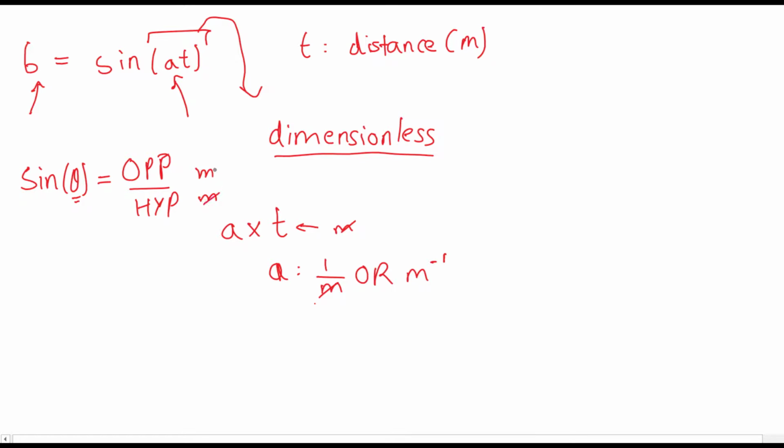So once again, the units cancel out, meaning that the result of the function is also going to be dimensionless. So in this case, b is also going to be dimensionless. So we can write a is in meter to the power -1 and b is dimensionless.